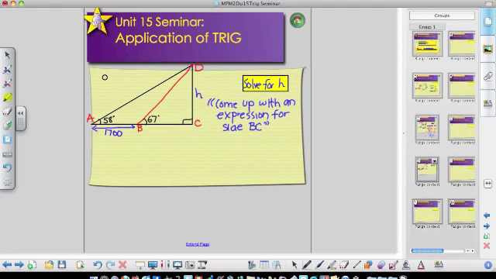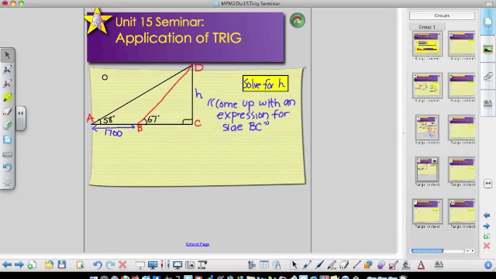This question is similar to a unit guide question. The reason why we are using BC: we're trying to solve for H, that's our end result, and the side length BC is common to both triangles. It's common to the smaller right angle triangle, and it's common to the large right angle triangle, okay?